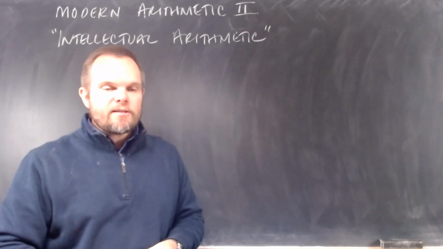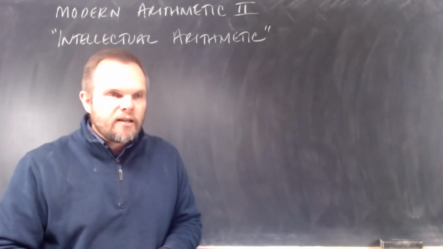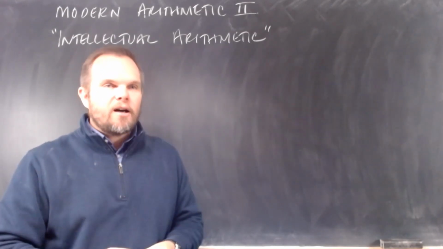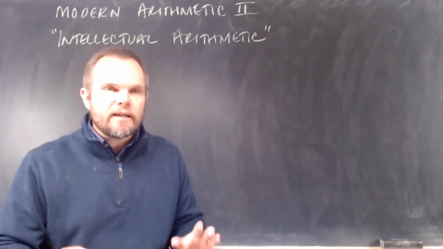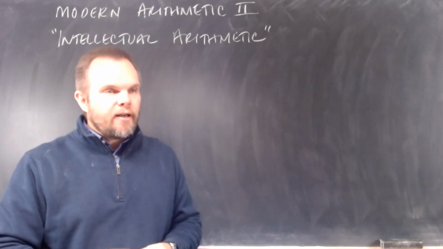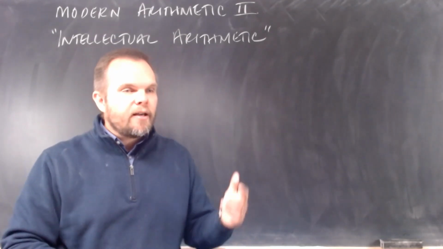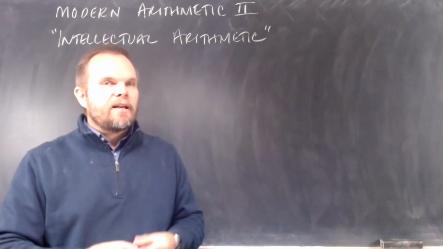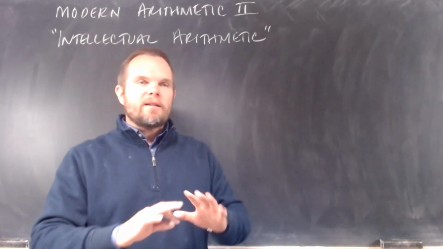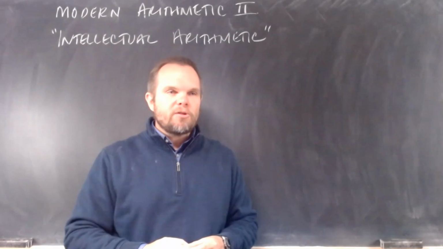Notice we didn't say $3 and $8 are how many dollars. You notice that? We didn't use concrete numbers. We didn't say Mary has 3 pennies and Amanda has 4 pennies, how many pennies do they have? We didn't use any objects, right?